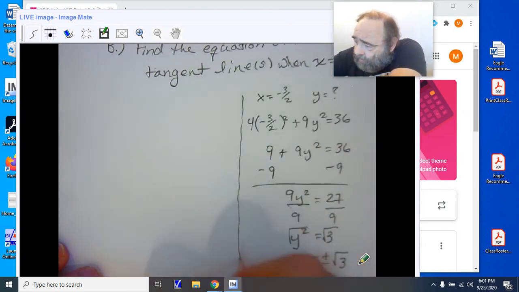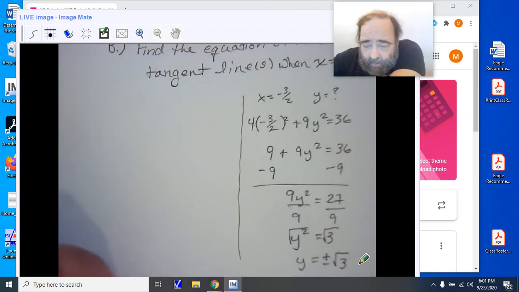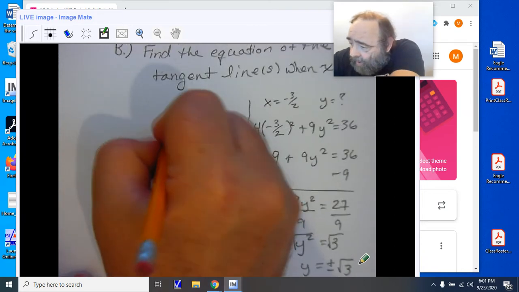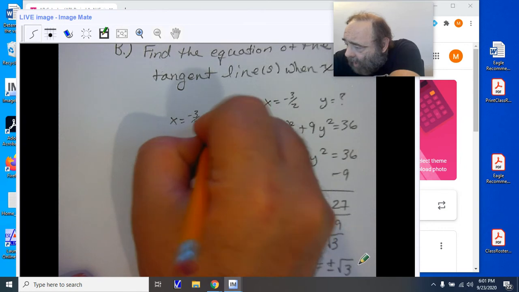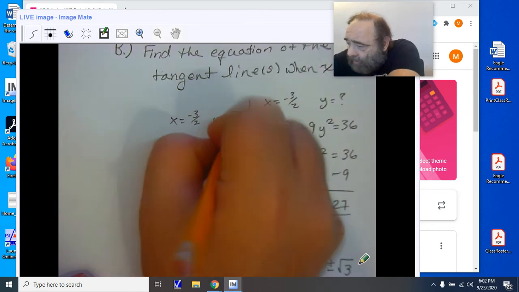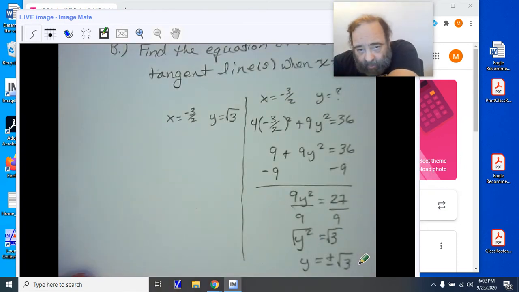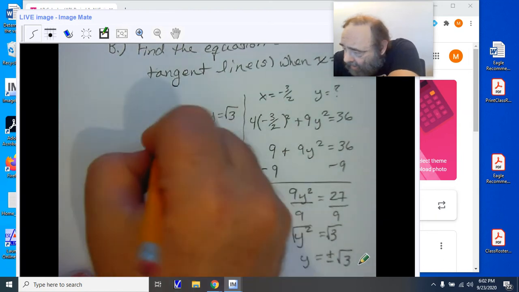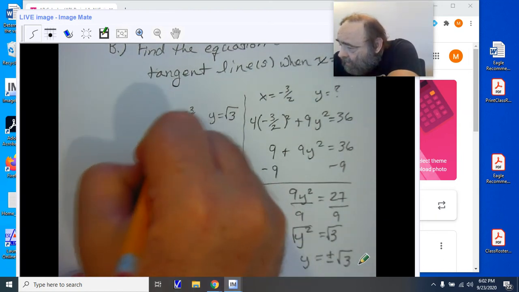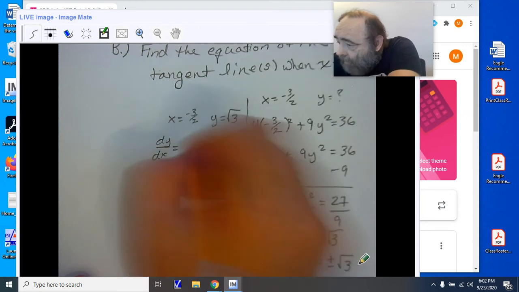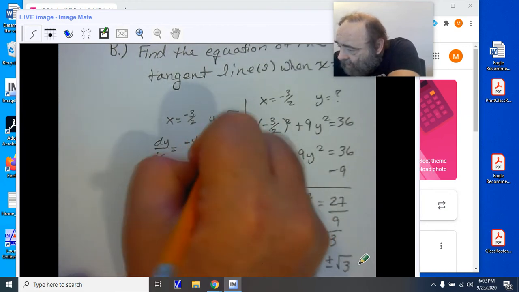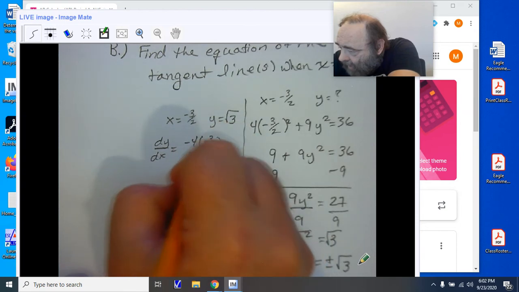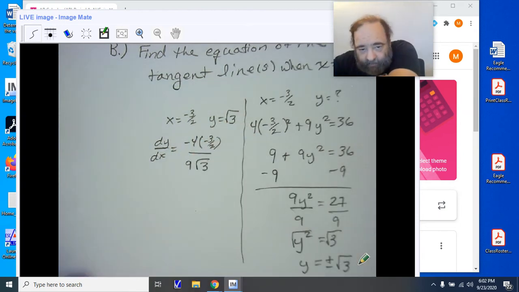And it's with that we're going to have to find our slope, dy dx. So if my x is equal to -3/2 and my y is equal to, let's start with the positive √3, I'm now going to want to put this into my dy dx. And as I do so, I'm left with -4 times -3/2 divided by 9 times √3.